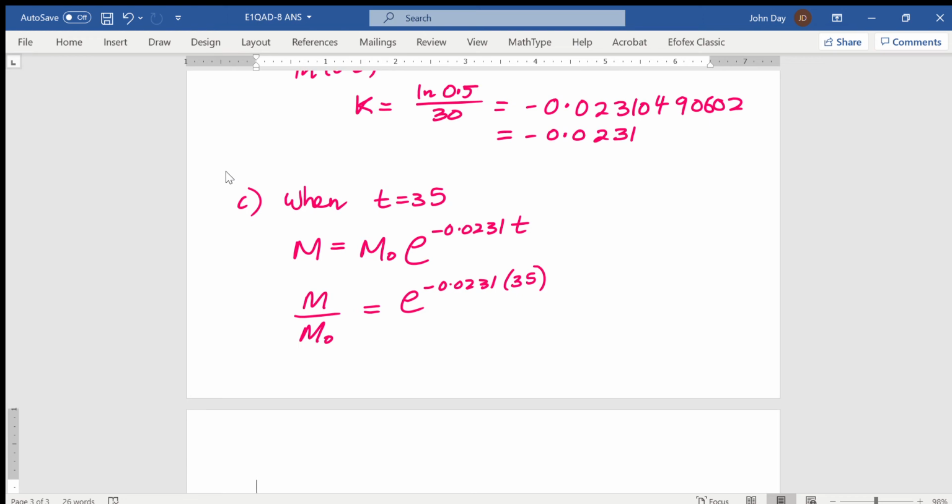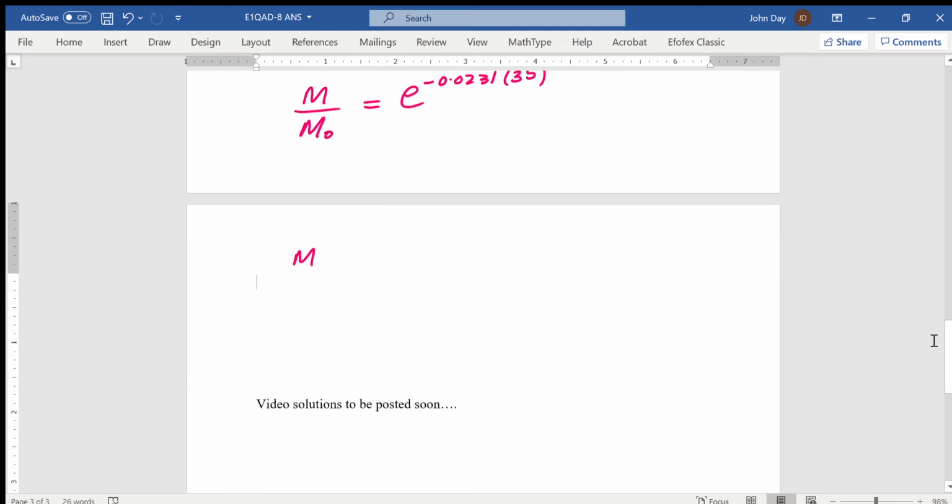So let's pop that in the calculator, negative 0.0231, and let's multiply that by 35, make sure it's all powered up to that. And we get that M on M naught is equal to 0.44552585.